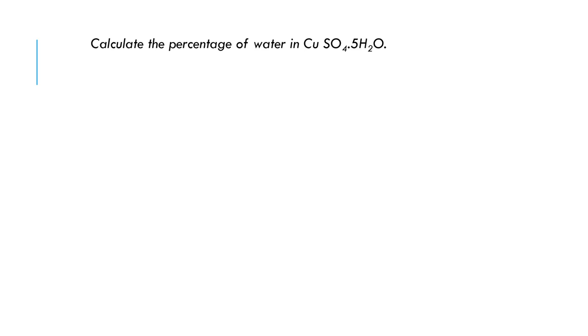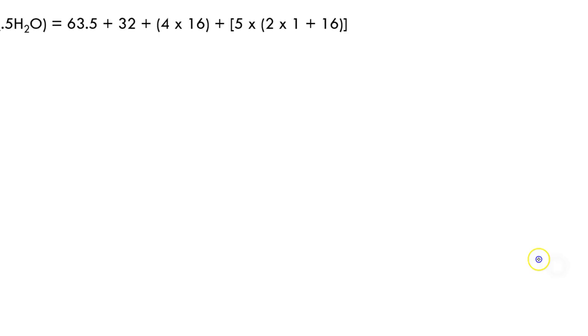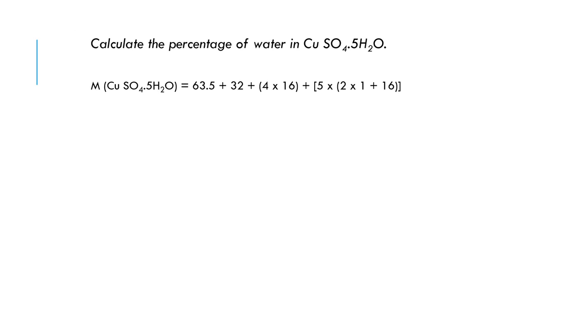And if we measure the mass before and after we do that, we can work out the percentage of water and work out the ratio of water to copper sulfate.